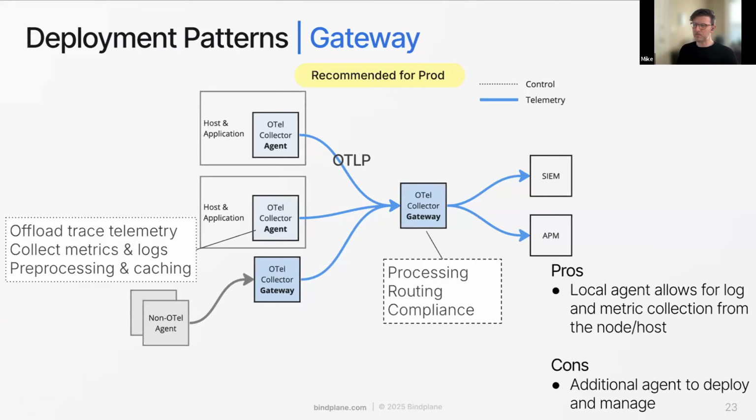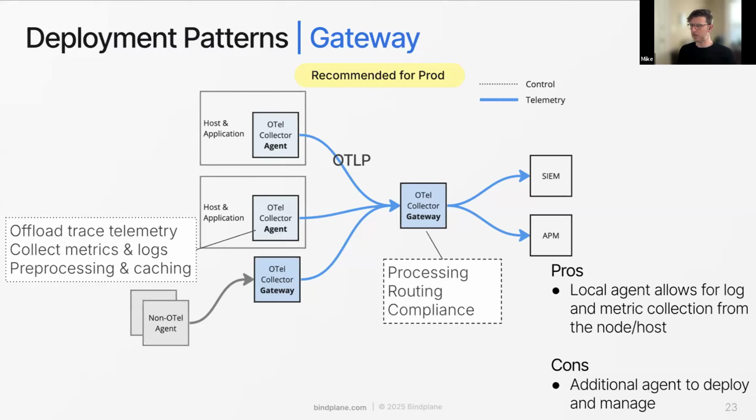The agent mode of the collector is designed to offload your trace, metric, and log telemetry, gather any local metrics or logs, and do any pre-processing or caching that you need it to do. Typically, you'll limit the processing at the agent stage, and then it's sent via OTLP to the collector operating as a gateway.